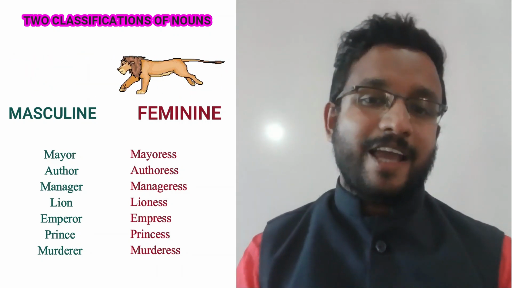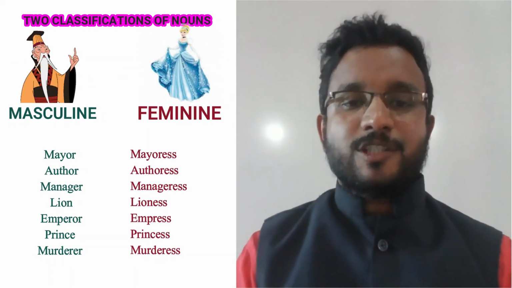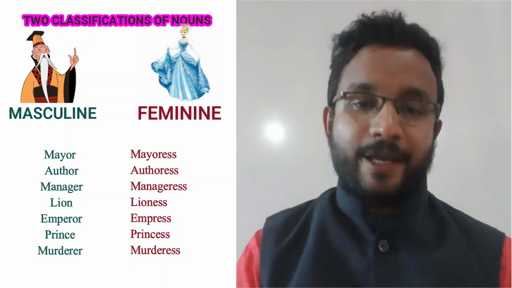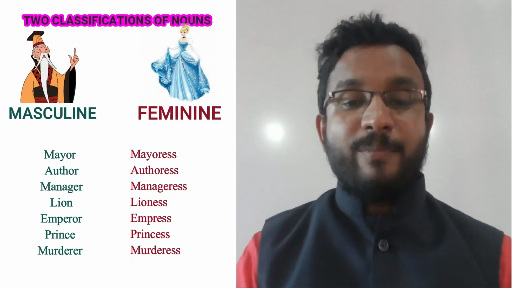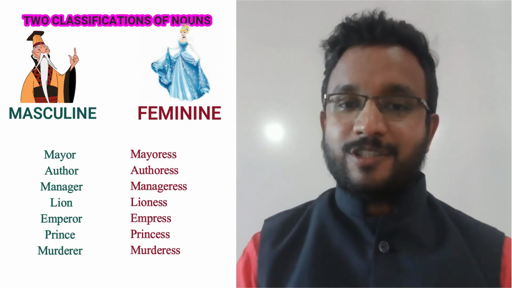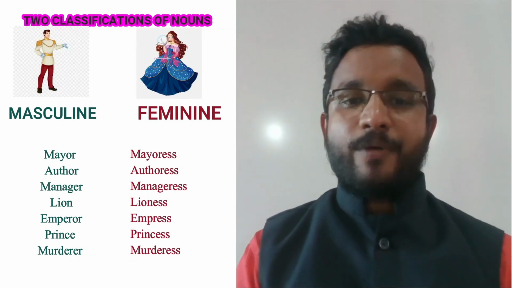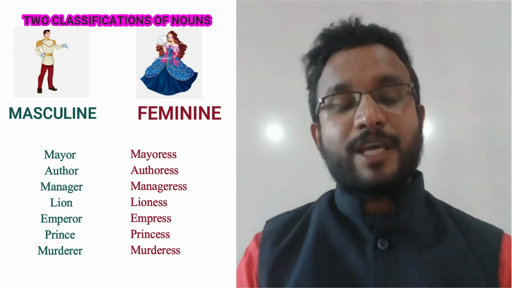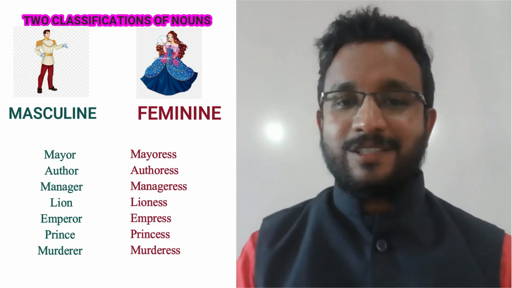Lioness. Lion, lioness. Emperor. Emperor is a person who rules an empire. And the feminine gender for the same is empress. Emperor, empress. Prince is the son of a king or queen, and the daughter is princess.